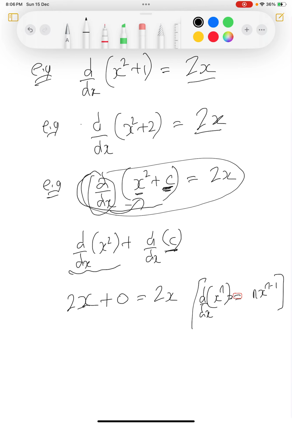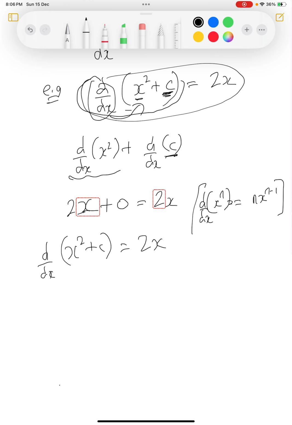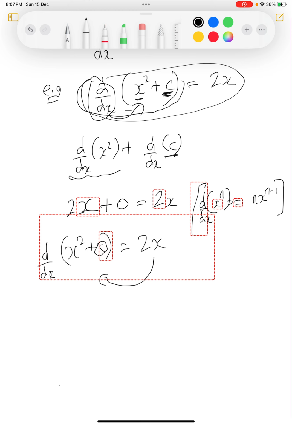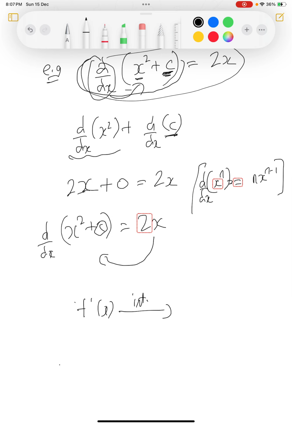So the derivative of this function is equal to 2x. Now if I want to go back by integration, we have to add this c term, because c may be 1, 2, 3, anything. So in general, we have proved that if we integrate f dash x, we will get f of x plus c.